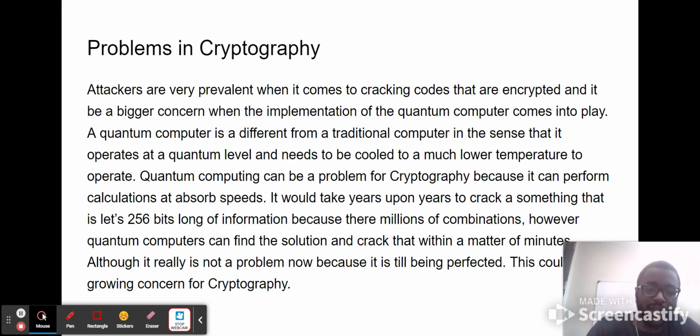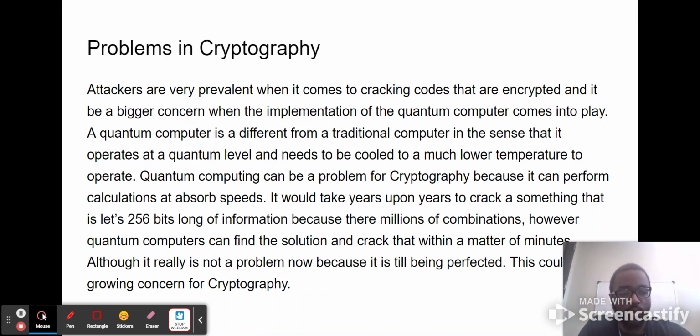Quantum computing can be a problem for cryptography because it could perform calculations at absurd speeds. It would take years upon years upon years, billions of years actually, to crack something that is 256 bits long, which is actually the current standard that we use in cryptography to encrypt our information.